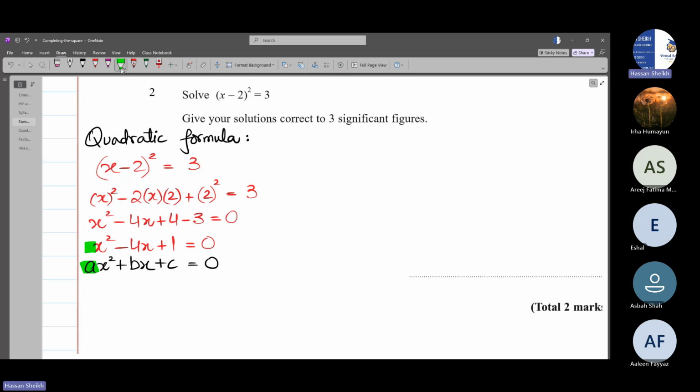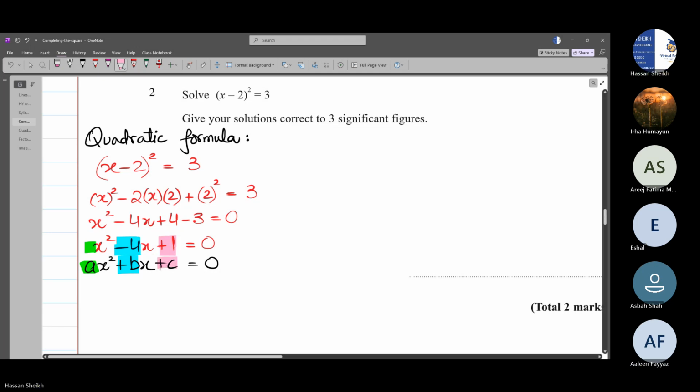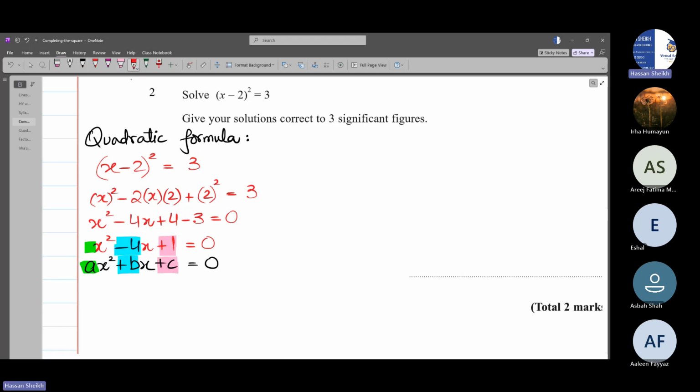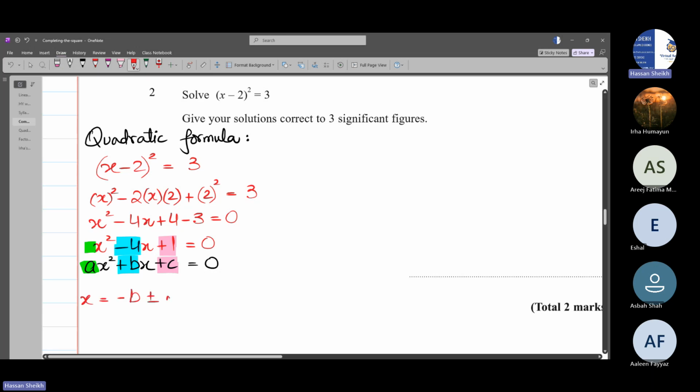So a is 1, b is negative 4, and c is positive 1. What is the quadratic formula? x equals minus b plus minus root of b square minus 4ac over 2a.